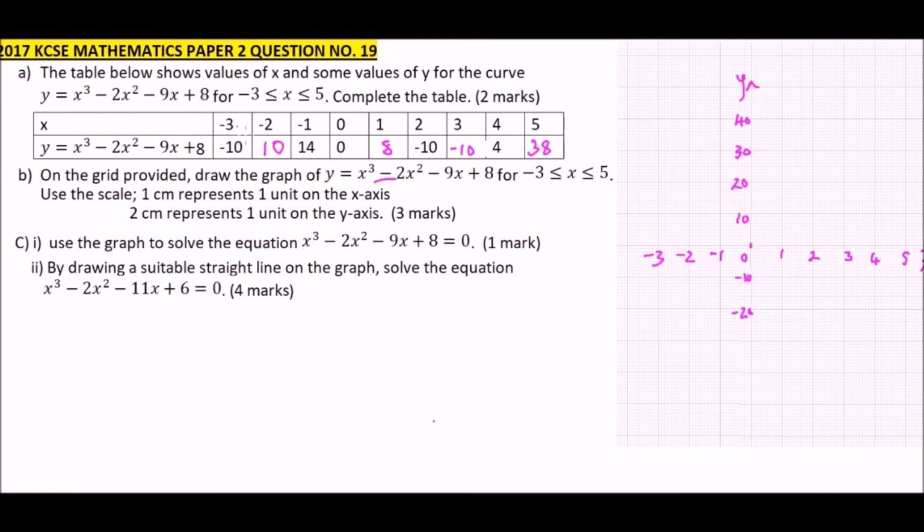Then we get the points. When x is −3, y is −10. So that is where we have our point. When x is −2, y is positive 10. When x is −1, y is 14. So this is where we have our point. When x is 0, y is 8.